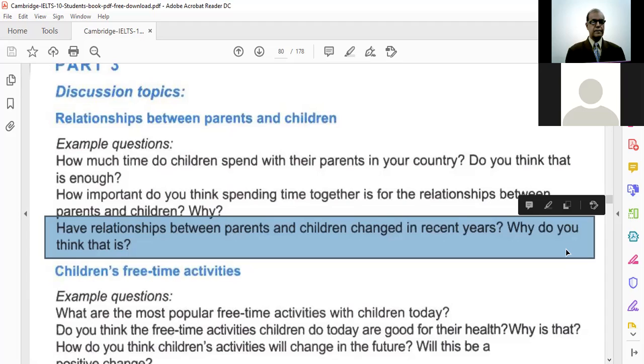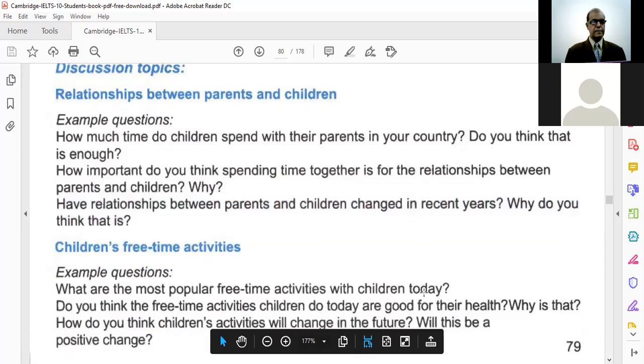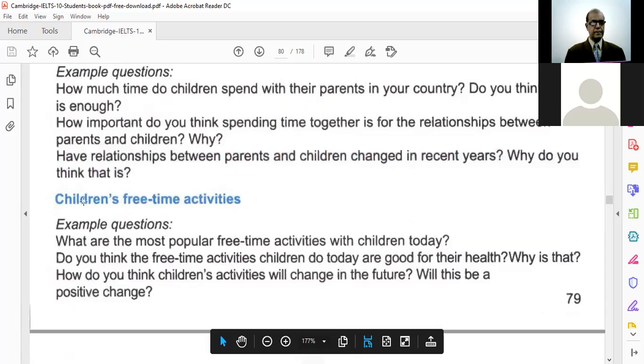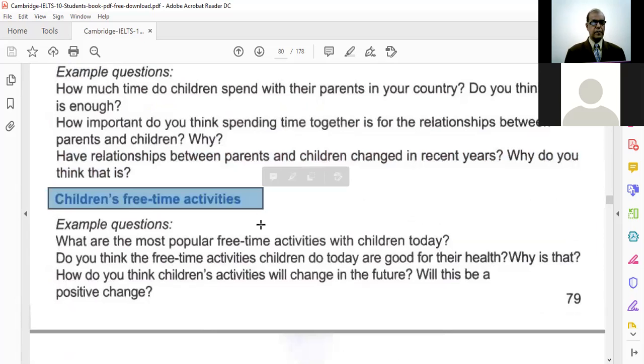They don't worry about them, but they just pressure them and enforce them to achieve good scores, but they don't build a flexible relationship with them.